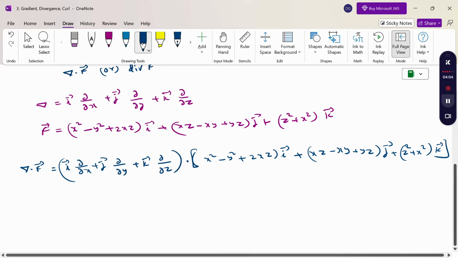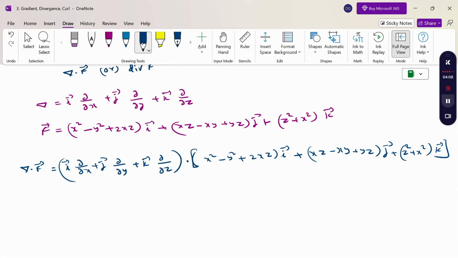Now multiply with each and every term, individual term multiplication. Now the dot product. What is the dot product?